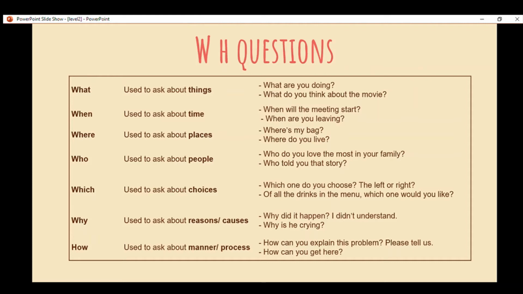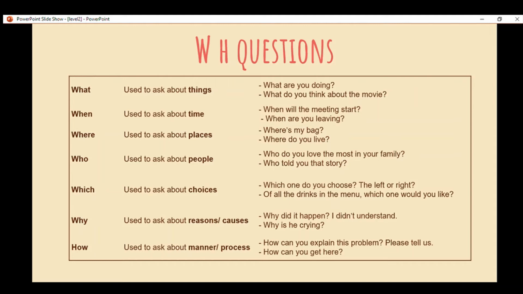Next is where. Where is used to ask about places. For example, where's my bag? Where do you live? And then next is who. Who is used to ask about people. Who do you love the most in your family?